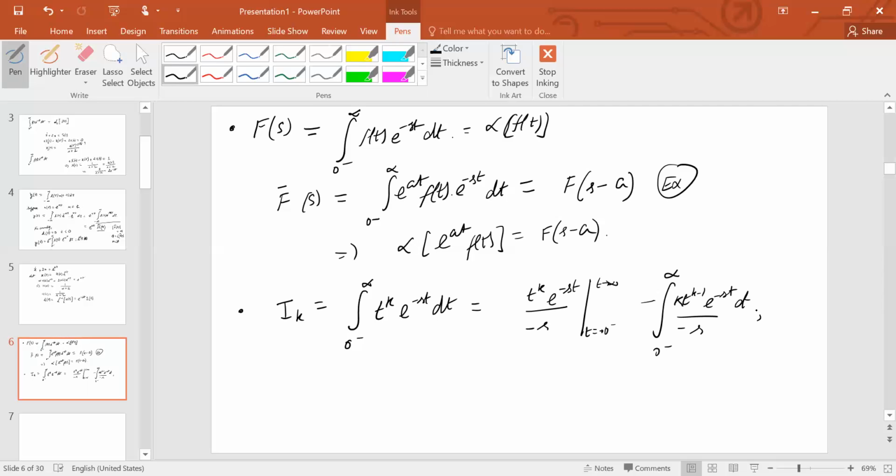All the while k is basically a positive integer.